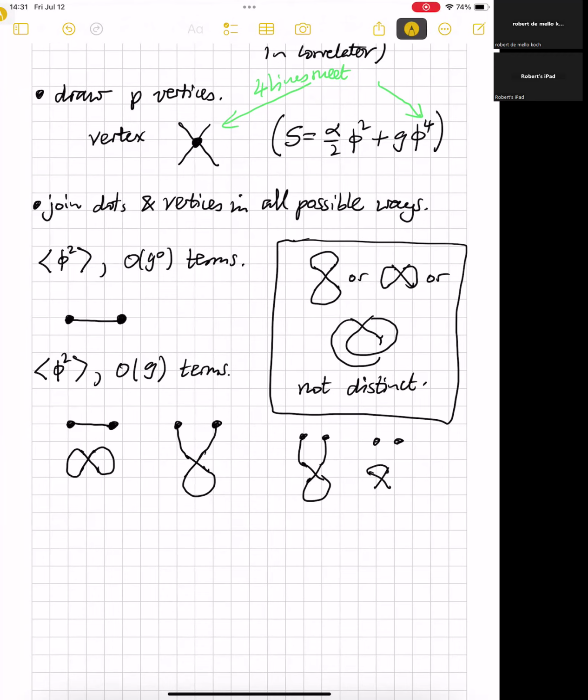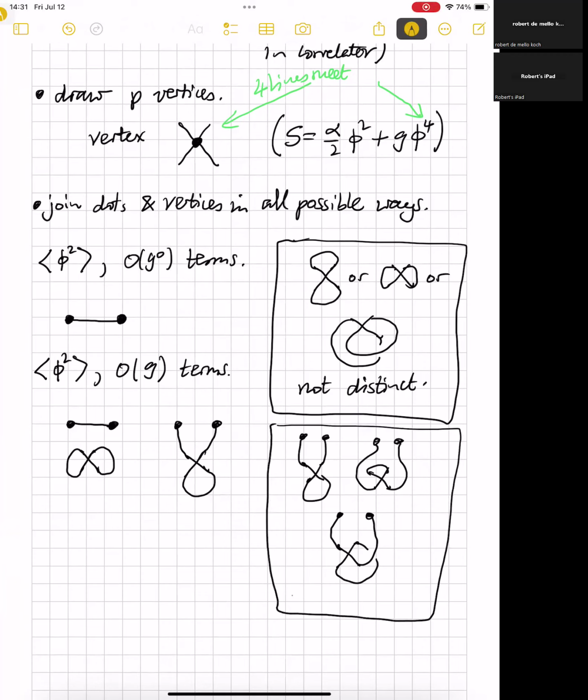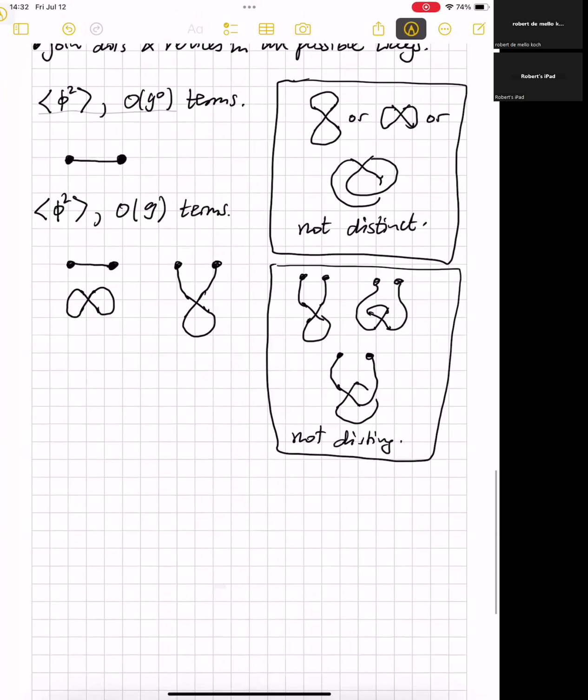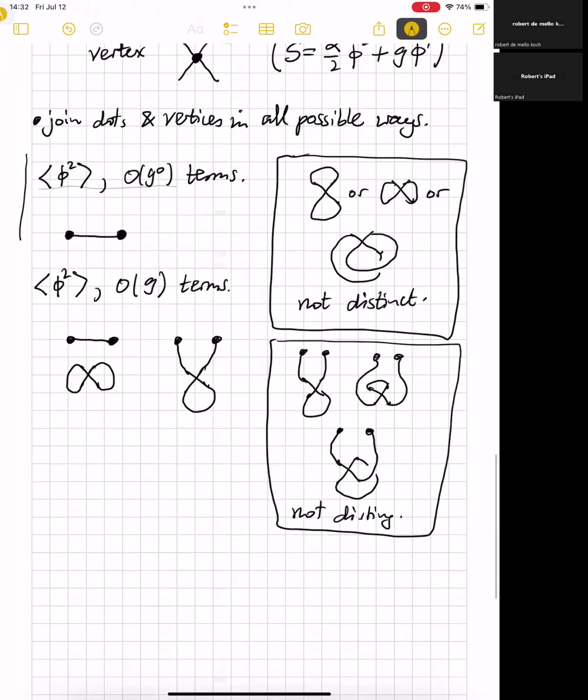We join those 2 legs, we join this one there and that one there, or there's even another diagram where we might join this one over here, that one there, and then connect that one over there. In fact, once again, all of these different ways of drawing things are not distinct diagrams. So in the end, only the two diagrams that we've got here is what we would keep. So this is the phi squared order g to the naught terms.